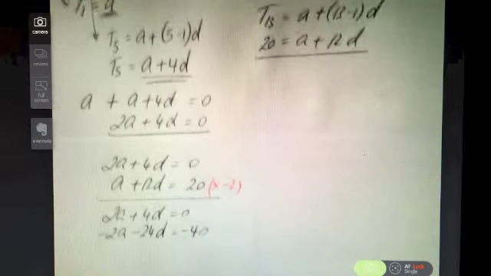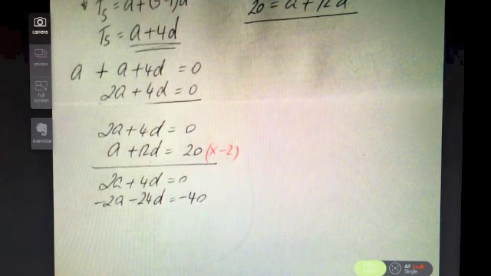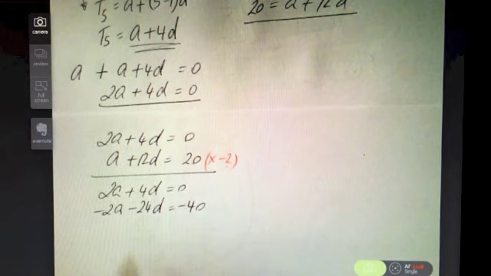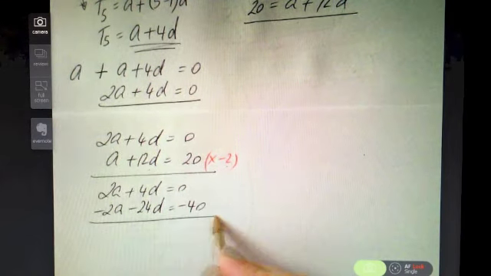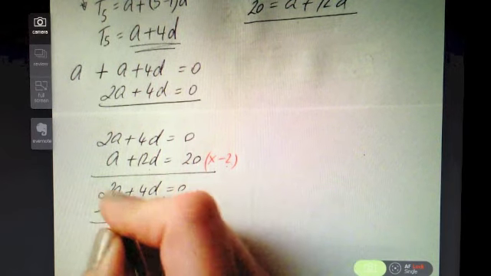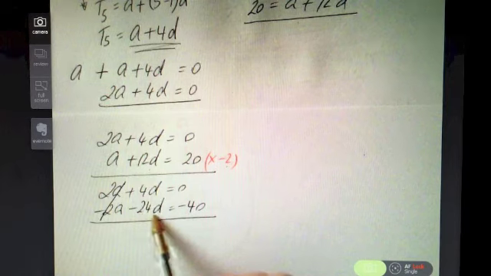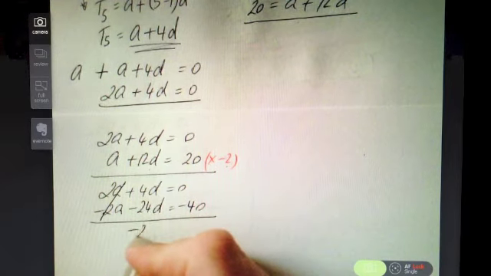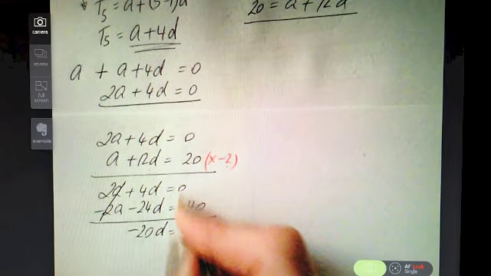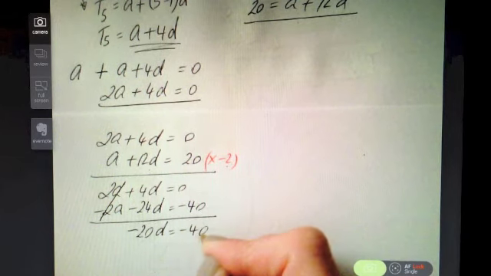Okay? So, adding them together, 2A minus 2A is 0, which is exactly what I want to have happen. 4D minus 24D is minus 20D, and 0 minus 40 is minus 40.